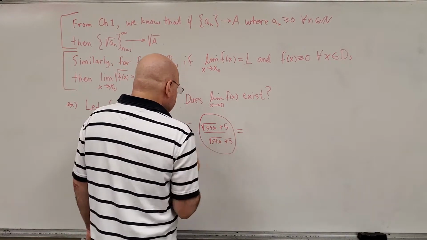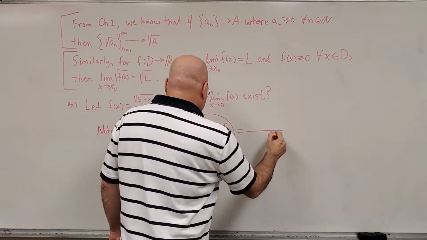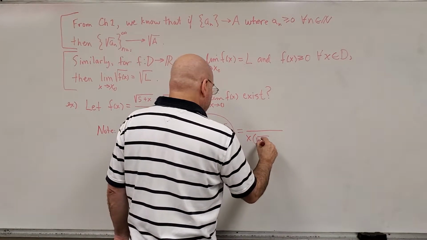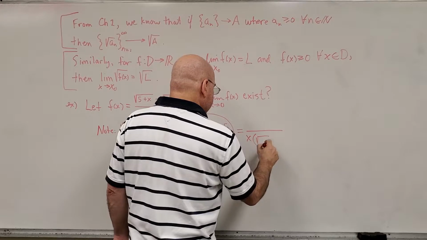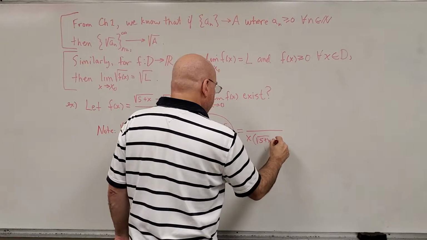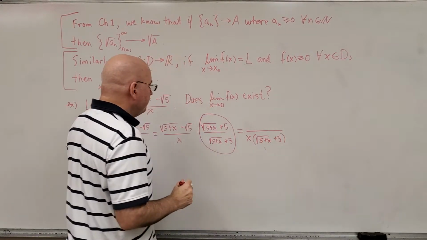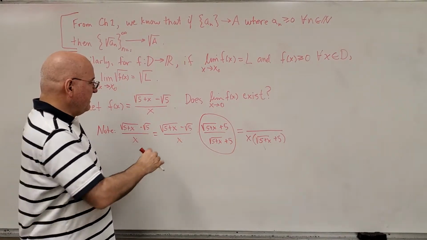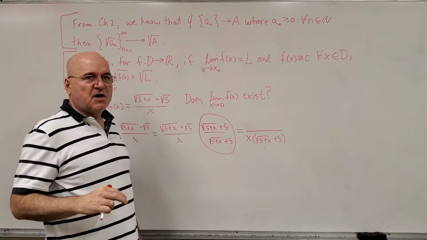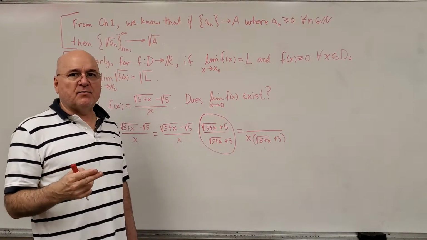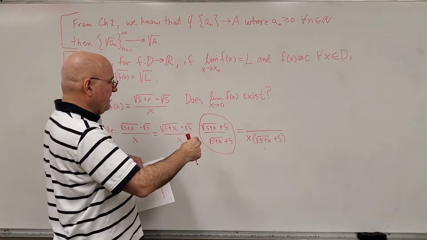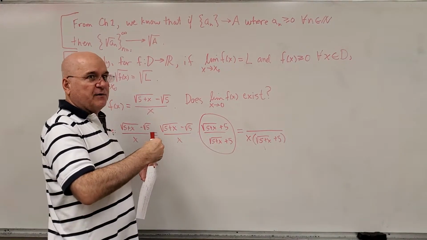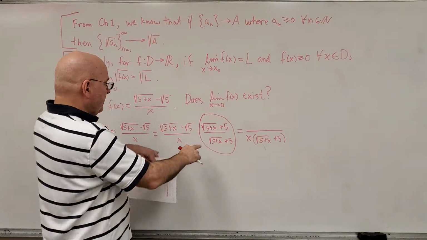What we get after doing that, let me do the bottom first, is x times radical 5 plus x plus radical 5. On the top, I'm going to do all the algebra in my head. What do we get when we multiply something by its conjugate? If you FOIL it out, the outer and inner terms cancel each other out. So we're left with the first and the last.